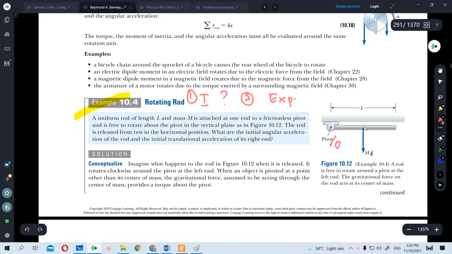Now curl your hand, and you will find that your curled fingers are in this direction, and your thumb is into the page. So since it's into the page, the direction of the torque for this is actually negative.